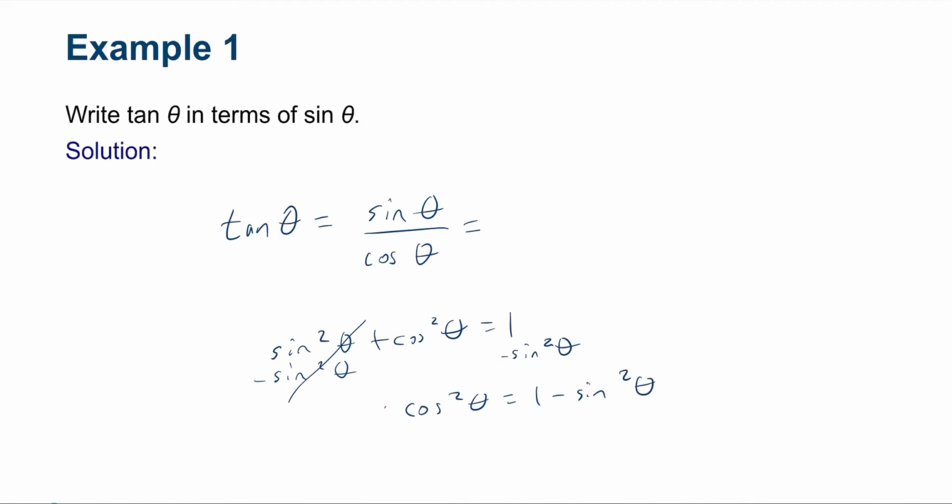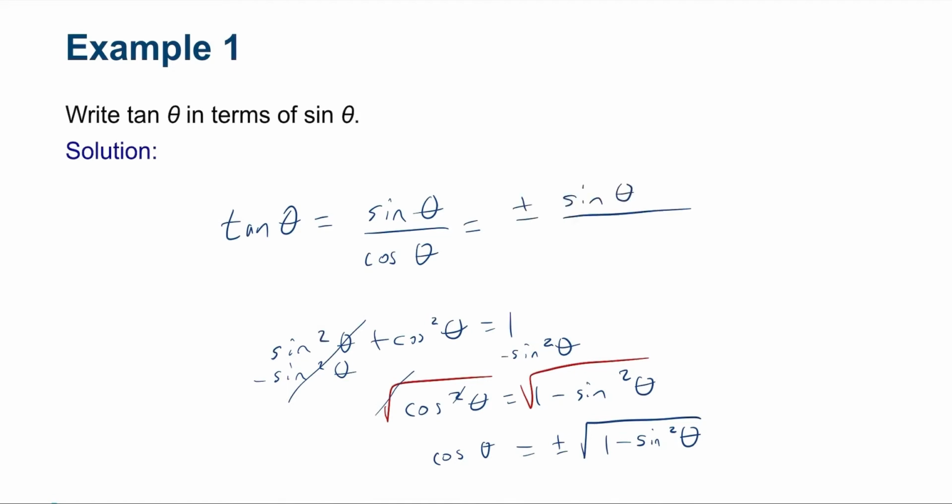And then we take the square root of both sides, which introduces plus minus. So we get plus minus the square root of 1 minus sine squared. Perfect. And so that's going to pretty much do it. So our final answer will be sine, or plus or minus sine, over the square root of 1 minus sine squared theta.